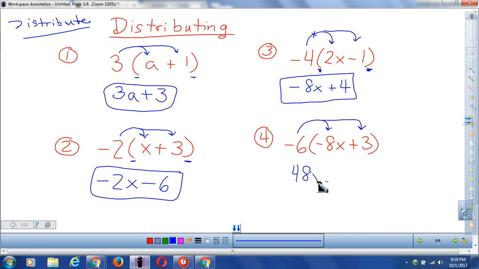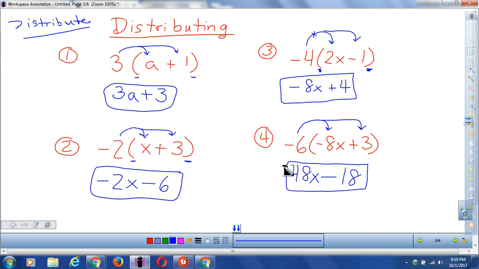And the x is still in there multiplying, so I have to multiply it. Okay. Now I'm going to do negative 6 times positive 3. So negative times positive makes negative. 6 times 3 makes 18. And there we go. Okay.